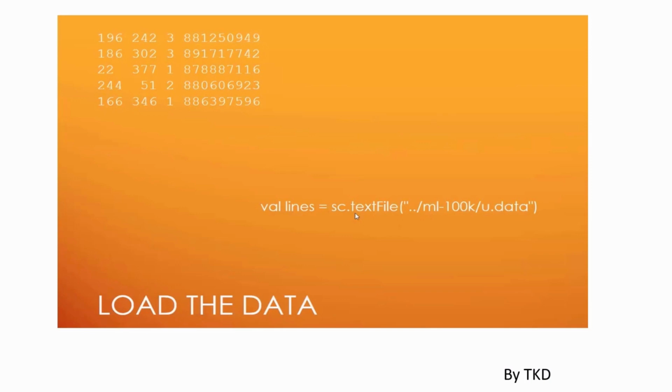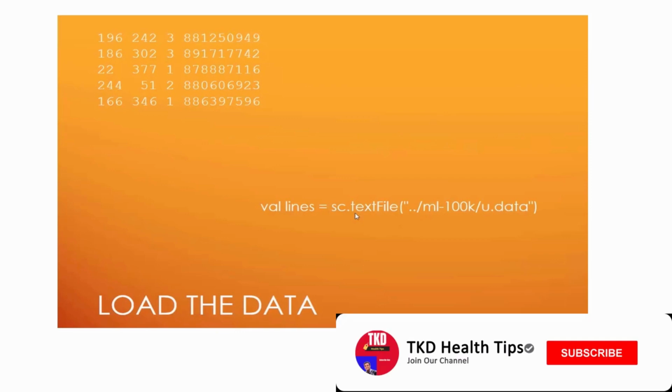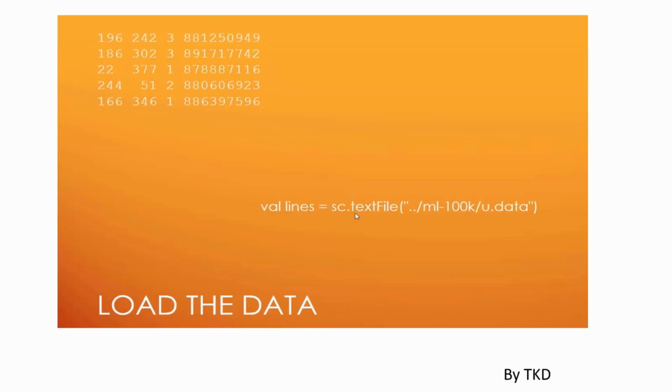So what's going on? The first thing we do is take the Spark context we created and call textFile on it, with a path to where the MovieLens 100k dataset lives.